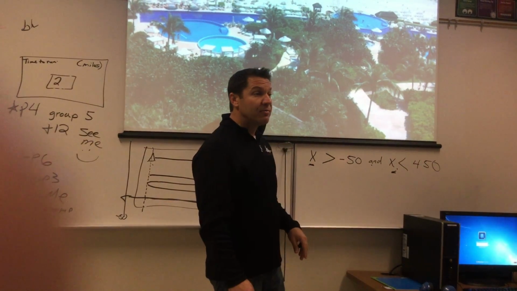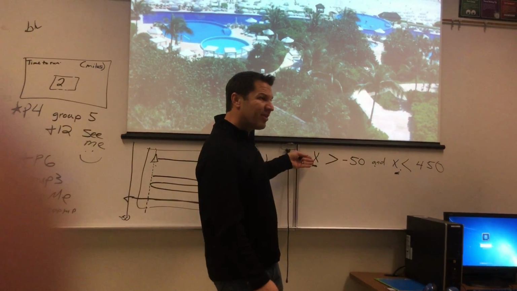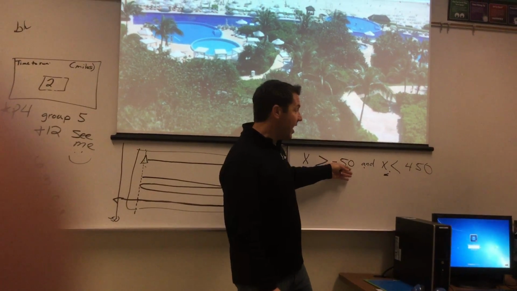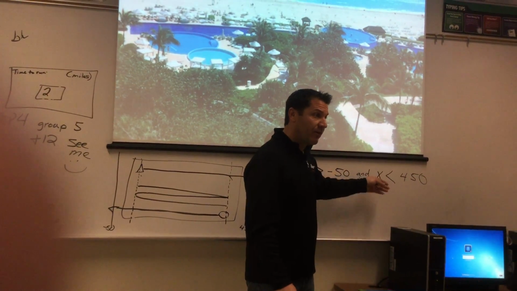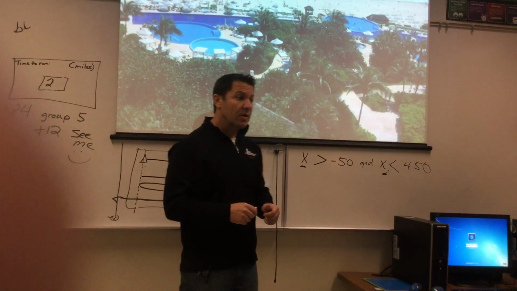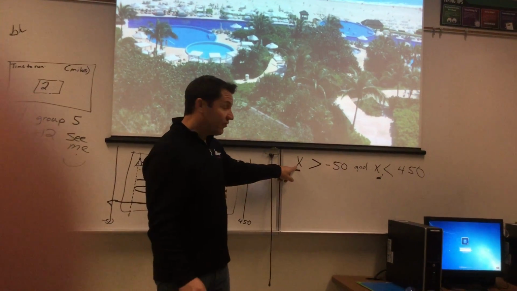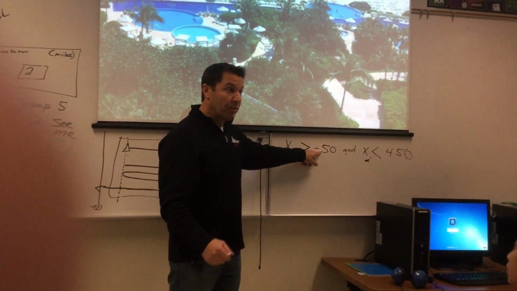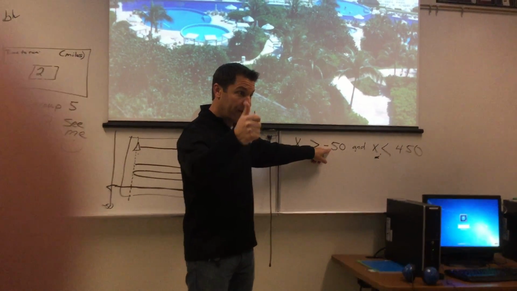So the X value has to be the same the whole time. So can someone give me a number that's both greater than negative 50 and less than 450? Yeah. 200. So 200, is 200 greater than negative 50? Yes. Yeah, so what our Boolean actually says, true, right?